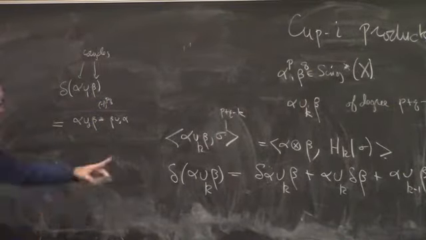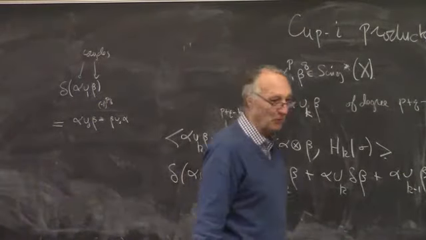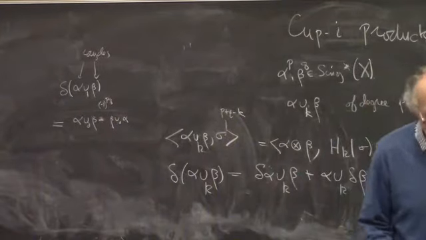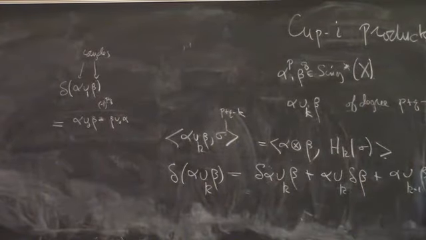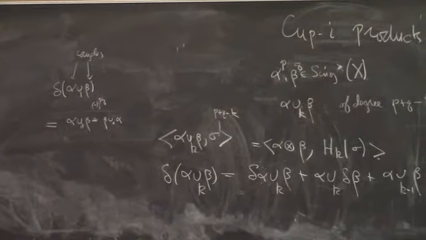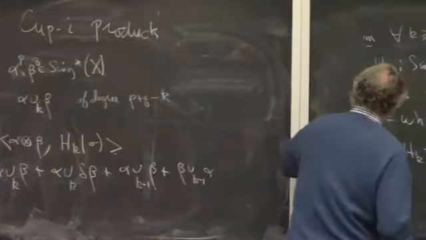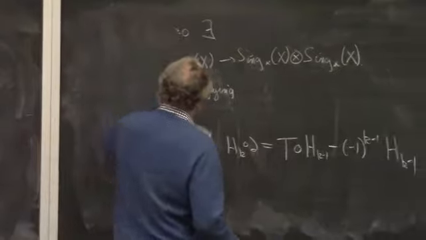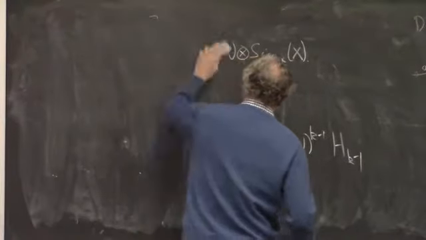So these higher terms, well, I won't say more about that. So those are the cup I. That's one thing Steenrod did with all this machinery. The other thing he did with all this machinery was to find these Steenrod squares.